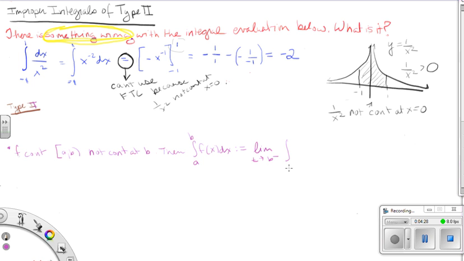So t is a little bit less than b. So it's going to be continuous on the interval from a to t. So if we look at the integral from a to t of f of x dx, f of x will be continuous on the interval from a to t if t is a little bit less than b. And then if I take the limit of what I get when I evaluate that integral, that's going to be the integral from a to b. That's if that limit is finite.